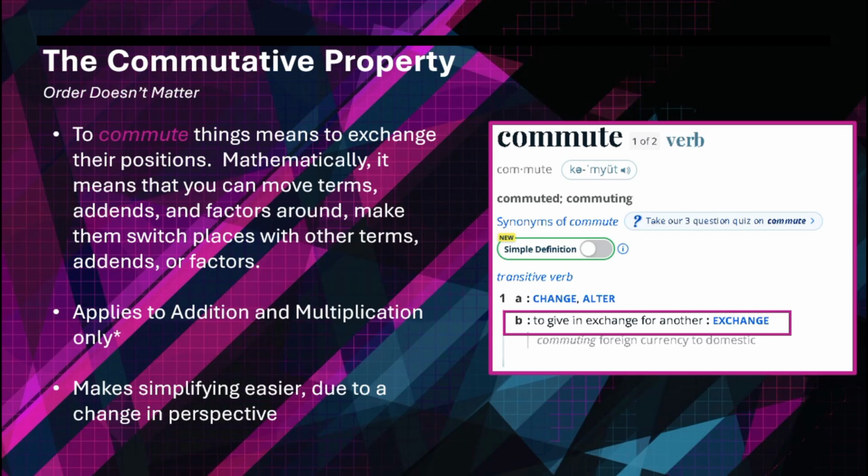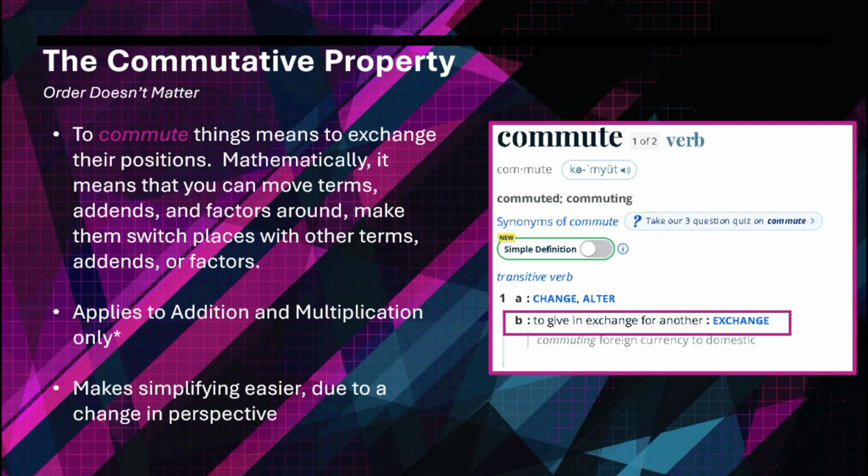So the commute is not the actual act of traveling. The commute is exchanging your position in space. That at one point, say in the morning, you were at your house, and when you commuted, when you exchanged your position, the new position was at work or at school. Okay, so that is how that word is supposed to mean.